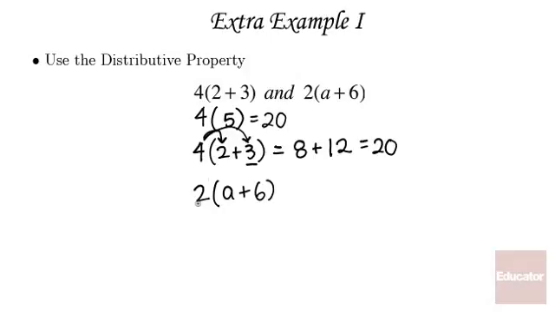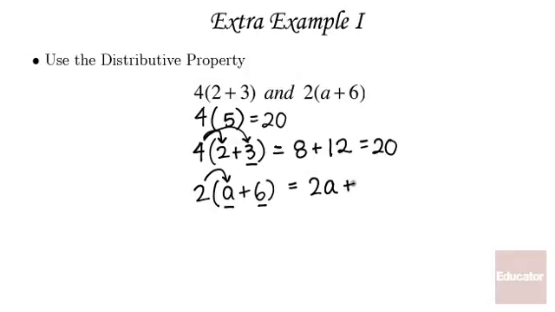So you're going to take the outside number of 2, multiply it to the first number or letter of A, and that becomes 2A. Okay, 2 times A is 2A. And then you still have a second number, so you're going to separate it.